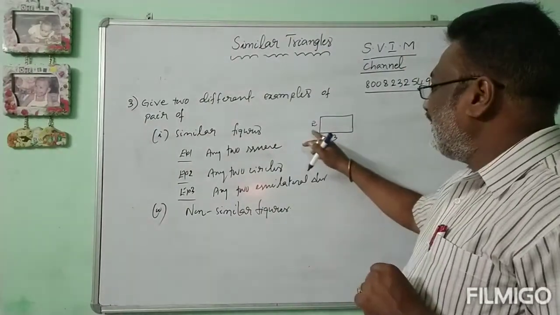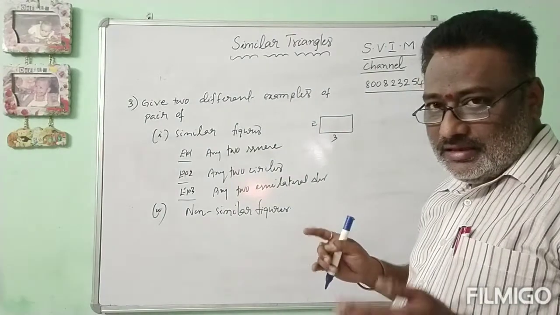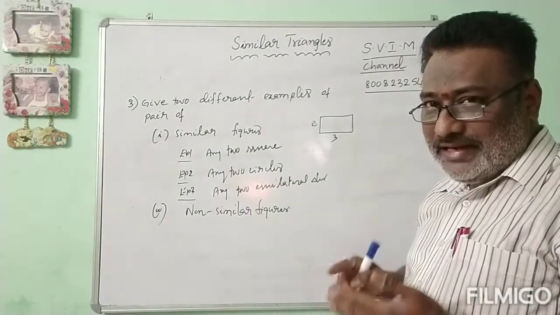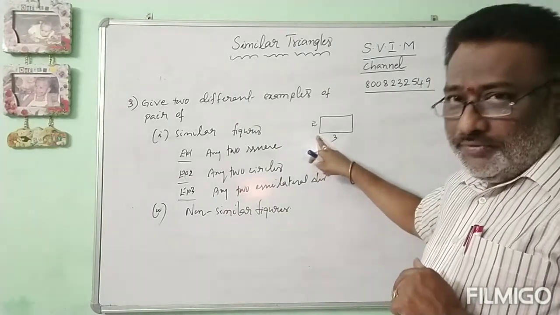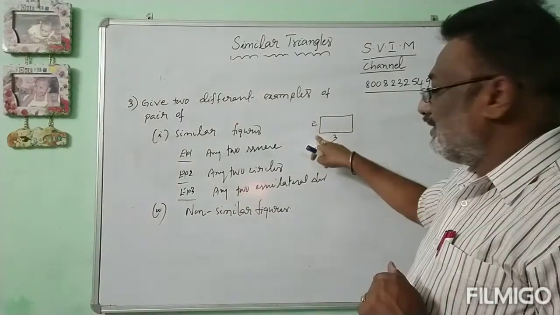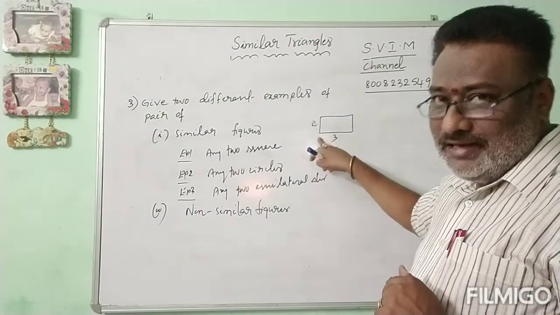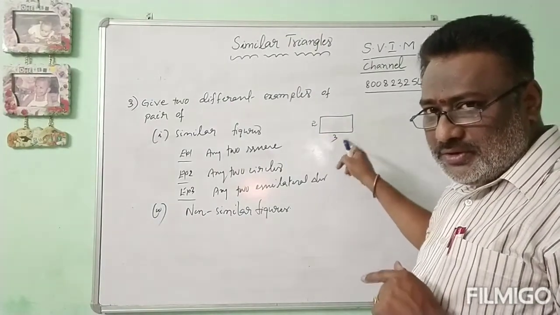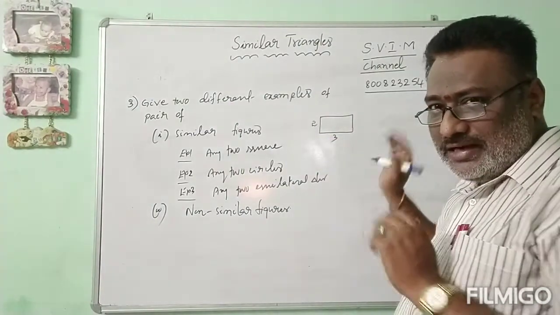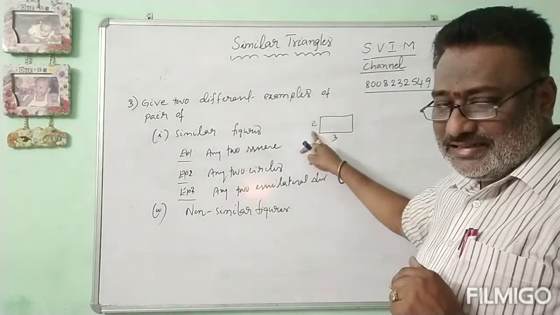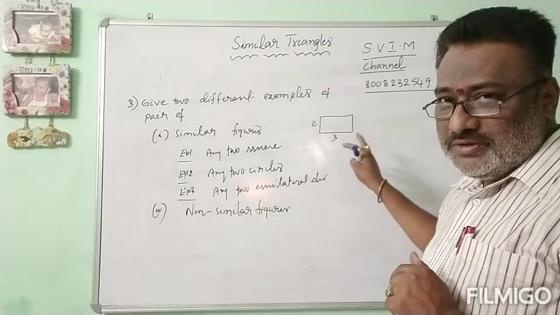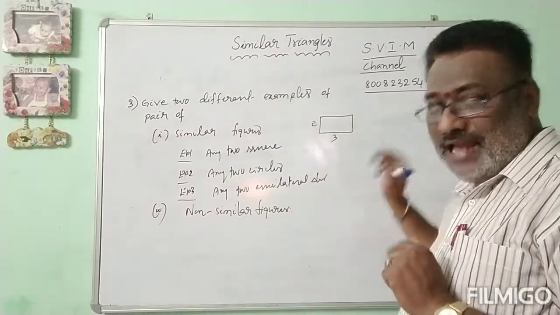For that rectangle, the breadth you can take is either 1 time or 2 times or 3 times or 4 times or 5 times of the previous rectangle. If you take 2 times the breadth, then the length also you need to take 2 times for the new rectangle, and if you take 5 times the breadth, then the length also you need to take 5 times.